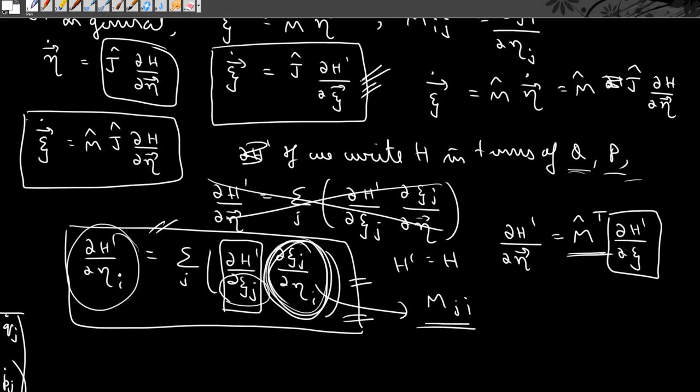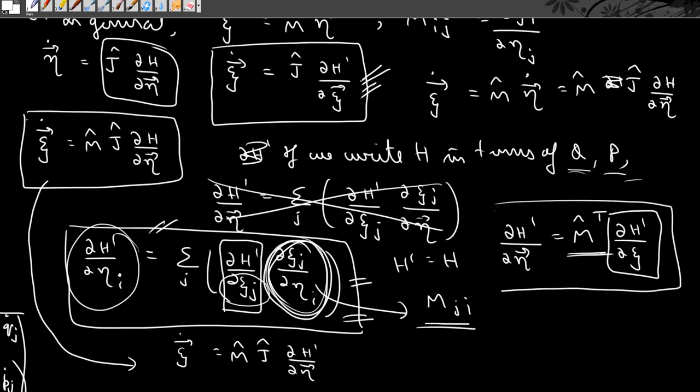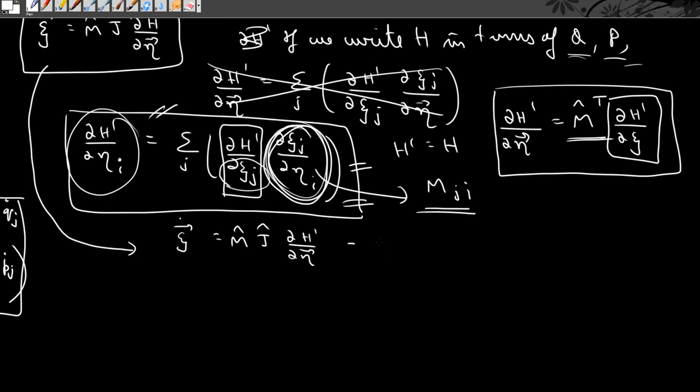Okay, so in this equation now, since H is equal to H', I can write ζ dot equal to M̂ Ĵ ∂H'/∂η, and for ∂H'/∂η I am going to substitute this equation. So this becomes M̂ Ĵ M̂ transpose ∂H'/∂ψ.